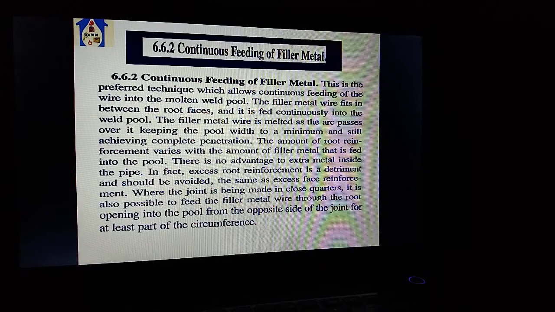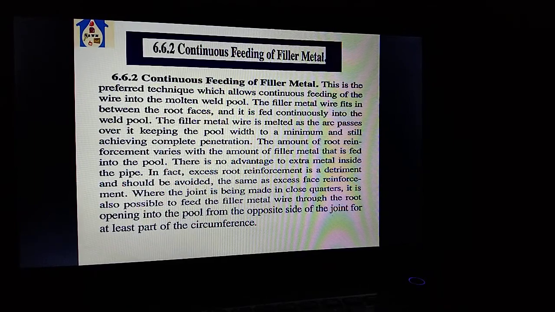The amount of the root reinforcement varies with the amount of filler metal that is fed into the pool. There is no advantage to excess metal inside the pipe. In fact, excess root reinforcement is undesirable and should be avoided.